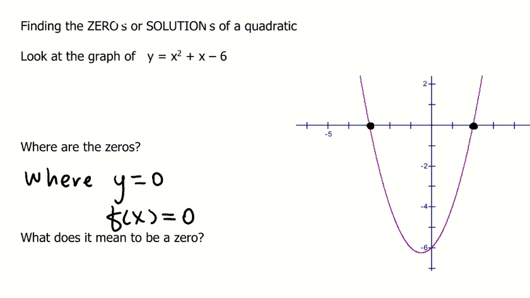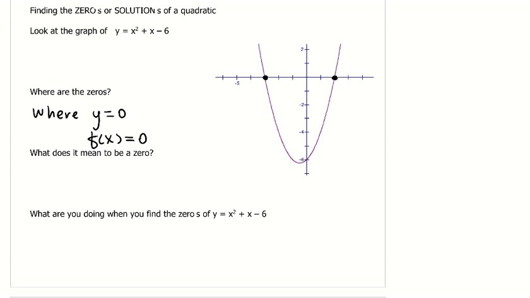And what does it mean to be a 0? Well, it means that the value of the function is 0, which is basically the same thing I was saying to answer the question where the zeros are. I think maybe the intended answer to that was the x-axis. And if they ask, well, what are you really doing when you're finding the zeros of y equals x squared plus x minus 6?